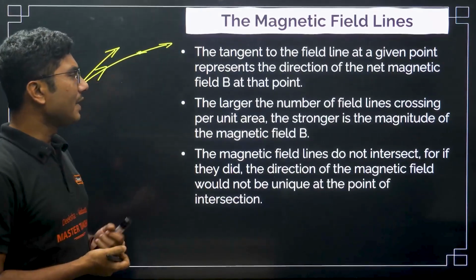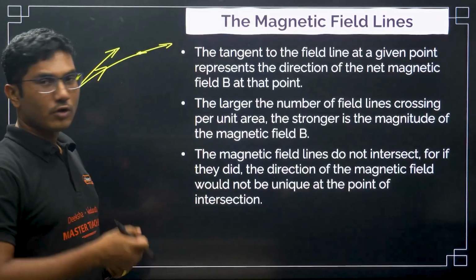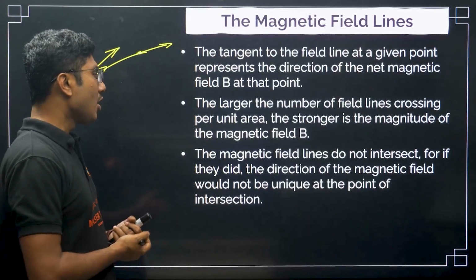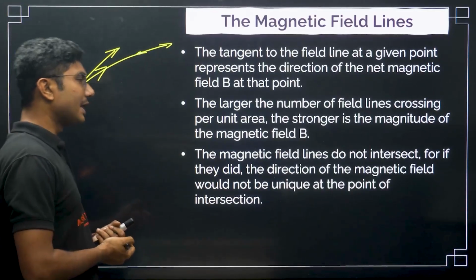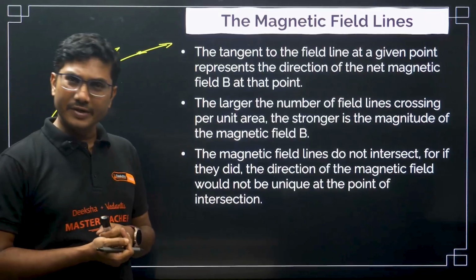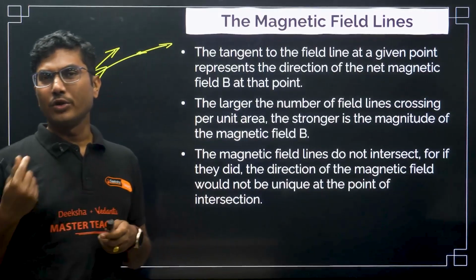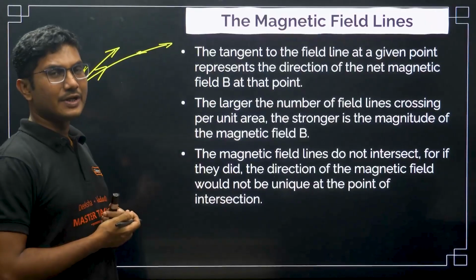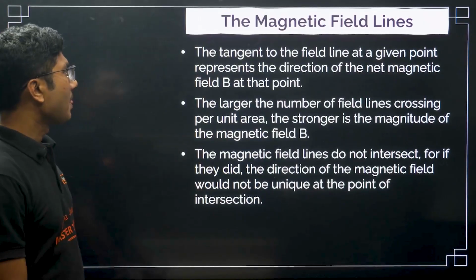Magnetic field lines do not intersect, a common property for all the field lines we have learned. If they did, the direction of the magnetic field would not be unique at the point of intersection, same as in the case of the electric field. So two field lines cannot intersect.